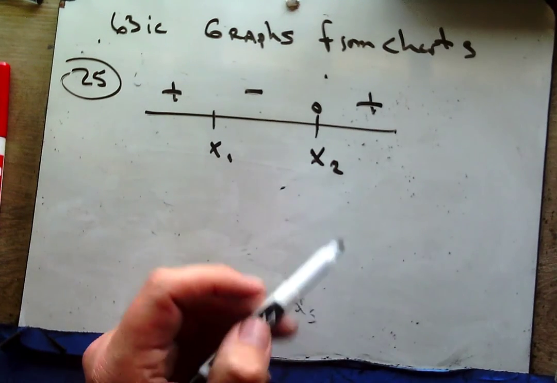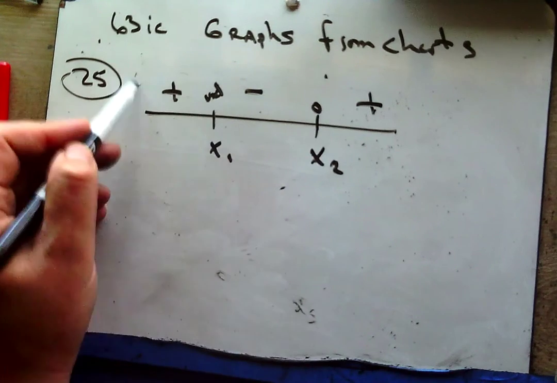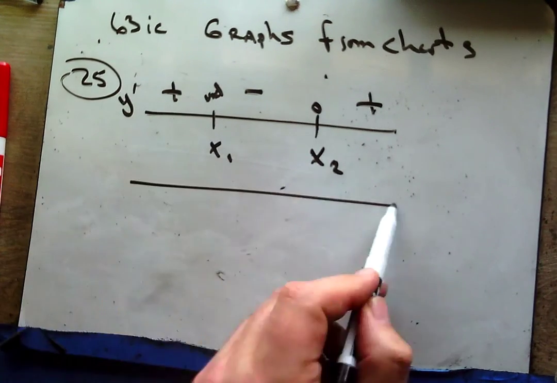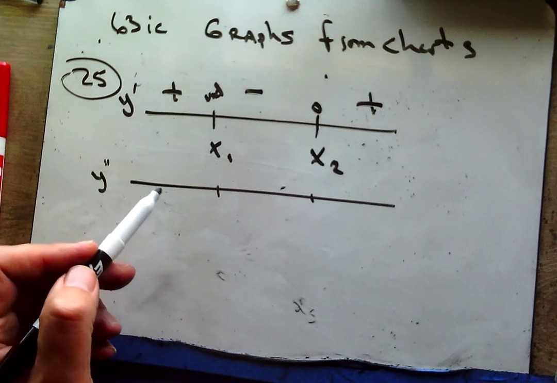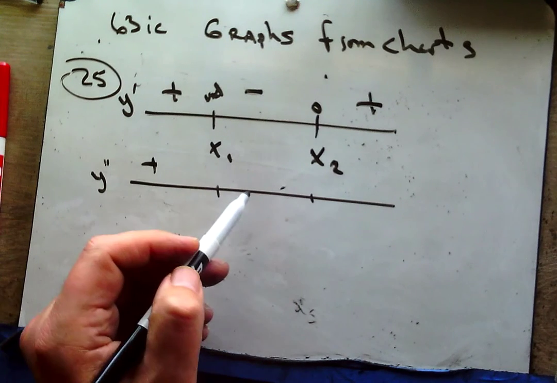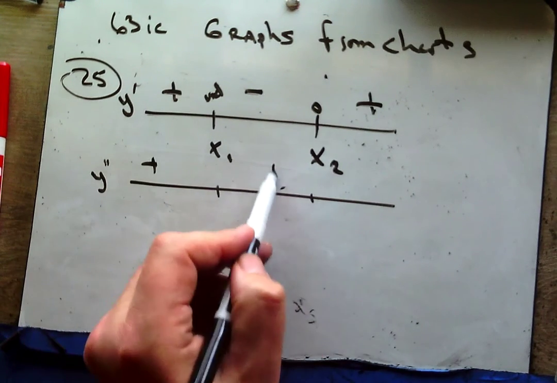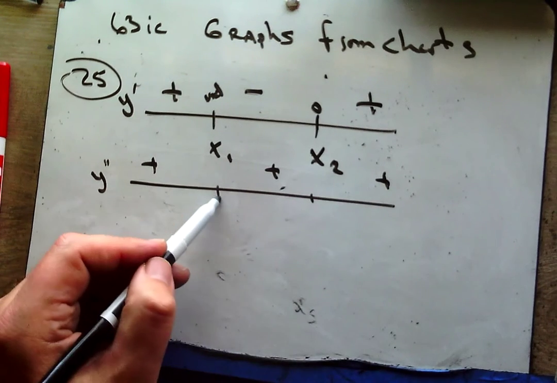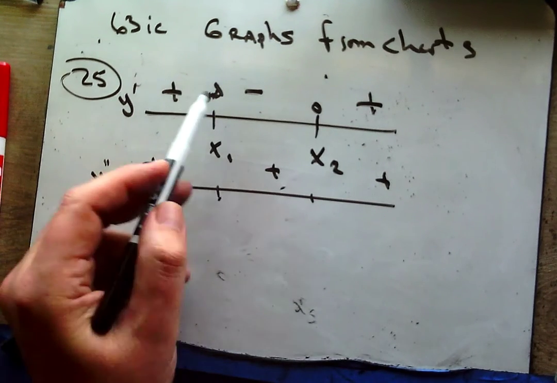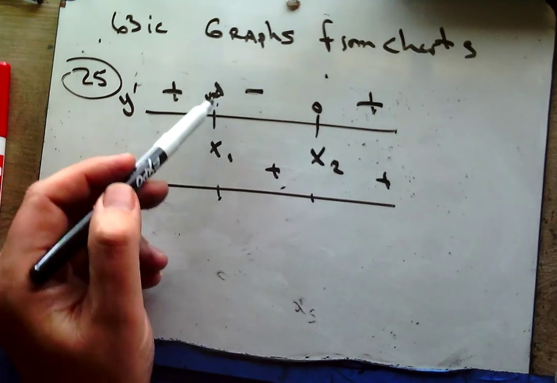Okay? And here y prime is undefined. On y double prime, what do we know? We know that y double prime is positive, and then y double prime is positive and positive. Y double prime is everywhere positive, and here y double prime is undefined because y prime was undefined.